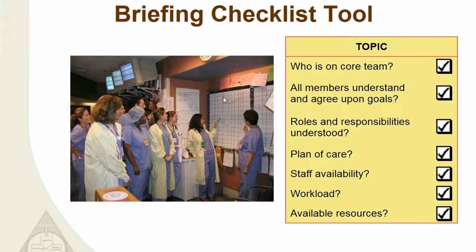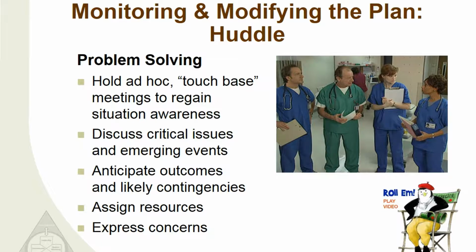Topics, this is a typical checklist. I won't read it word for word for you, but these are the type of things that might be considered during a briefing. A huddle, this is when maybe something happened or something needs to be addressed right away. Maybe there's a situation where you're working with a patient and a transfer did not go well and the patient fell.